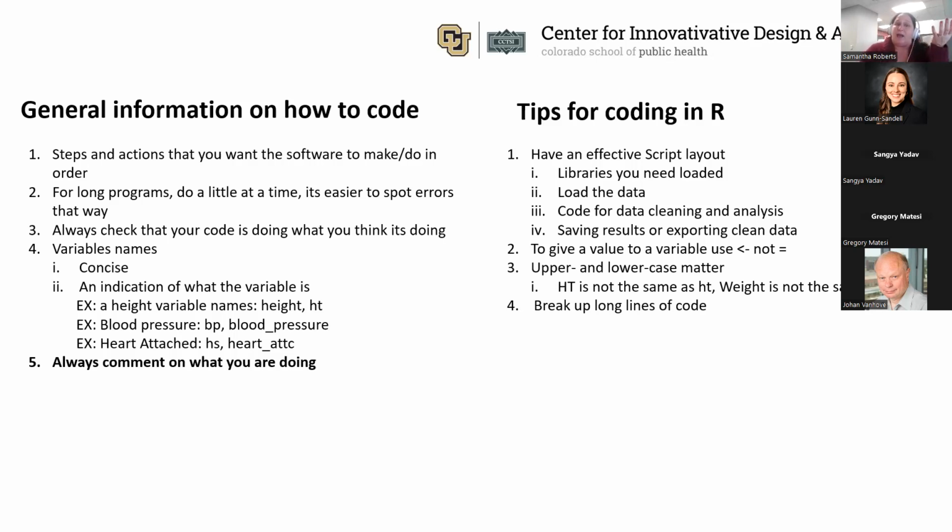So for example, if you have a height variable, labeling it height or shortened HT is really good. Or for blood pressure, BP or blood_pressure. So again, you have an idea of what exactly this variable is and what you're trying to show here.